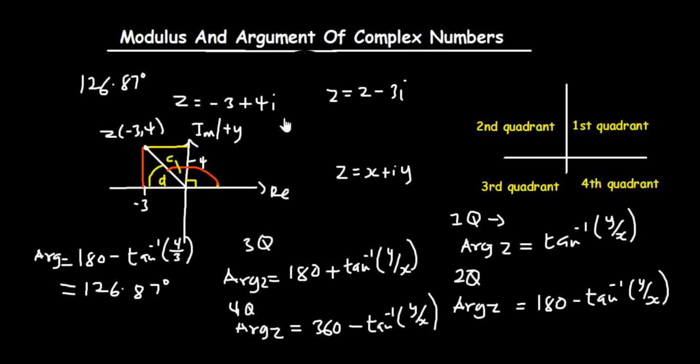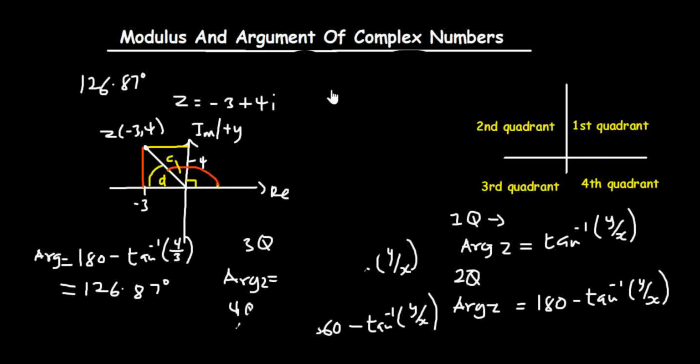Same way for the first question. For the first question also, let's try these formulas. For the first question, we had z equal to 3 plus 4i. That was the question. So with this, let's calculate the argument of z. When you plot z, it will be in the first quadrant.